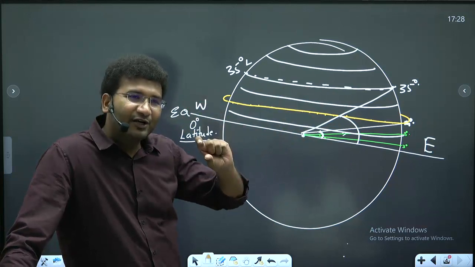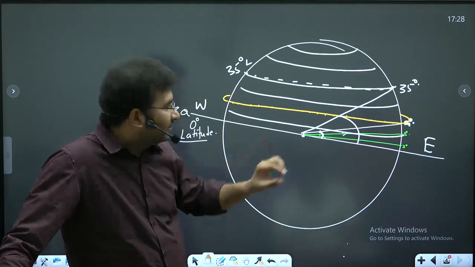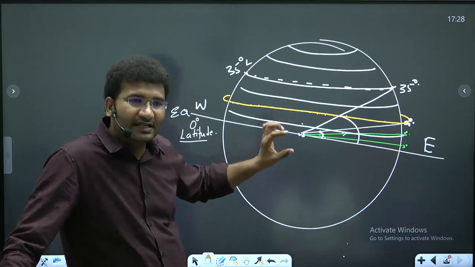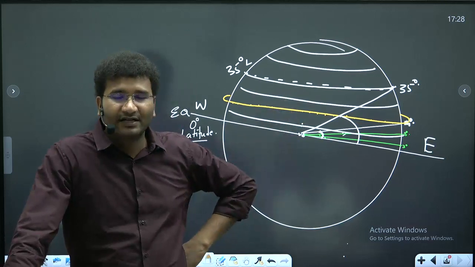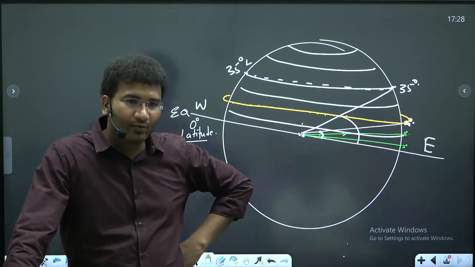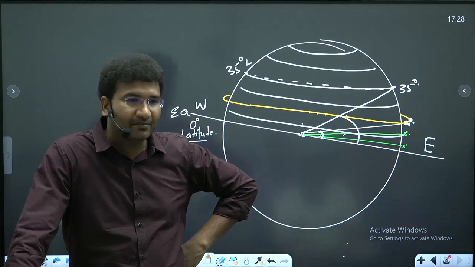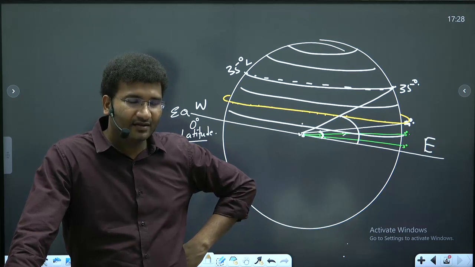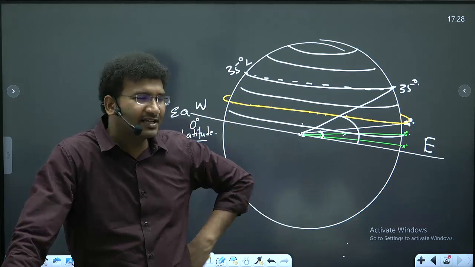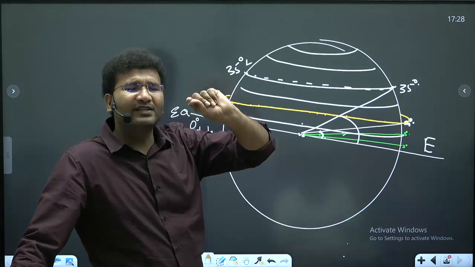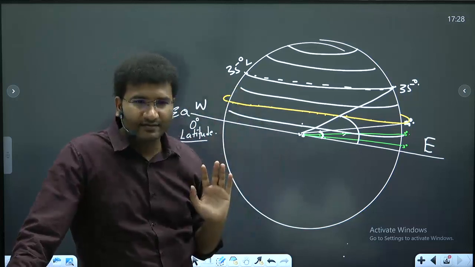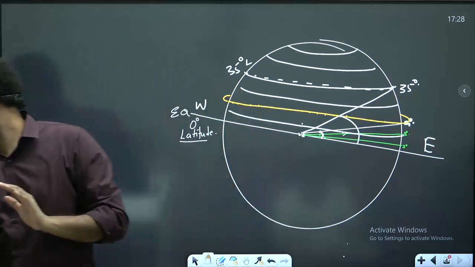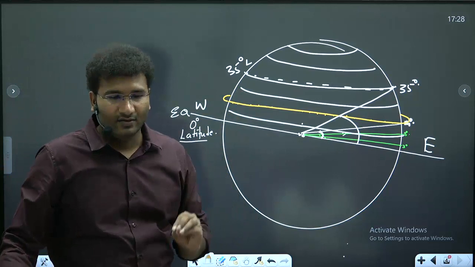The distance between two latitudes is more or less the same, about 110 kilometers. As you go towards the poles, it will slightly vary. Remember these points.